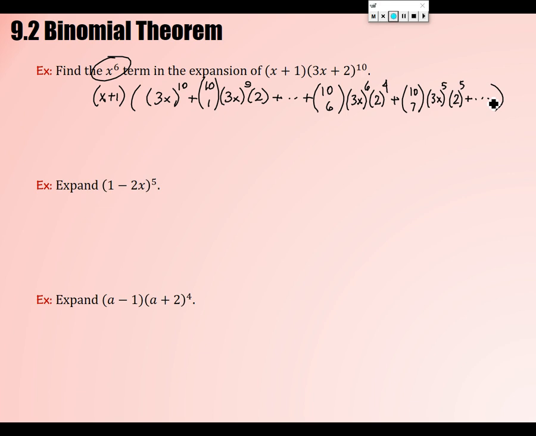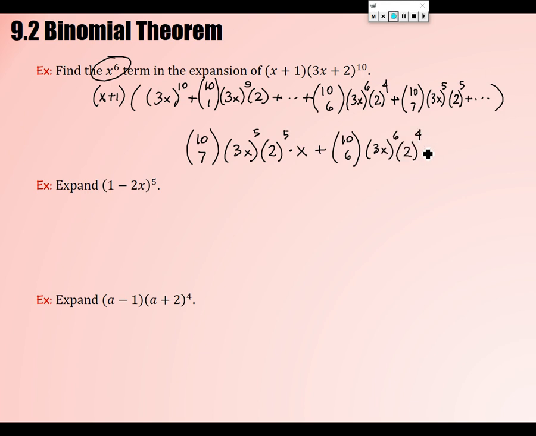When we multiply through by x, this term will be 10 choose 7, (3x) to the 5th, 2 to the 5th, times x. That will be a 6th order term. And when we multiply through by 1, we have already this term that we already had, which was of order 6.